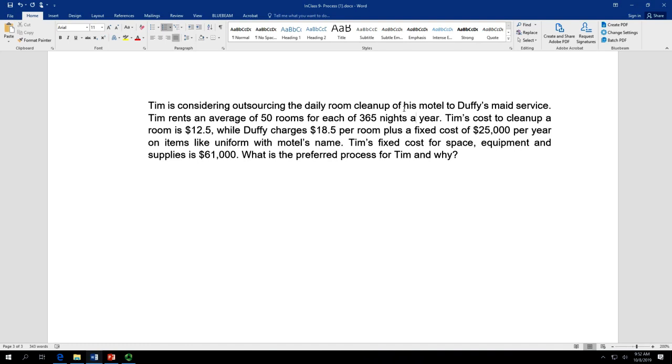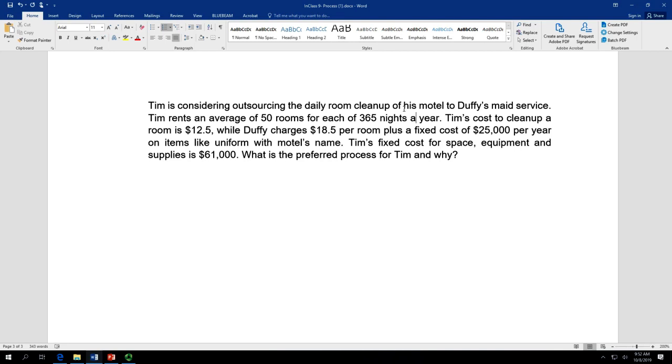So that's the fixed cost. The team's fixed cost for space, equipment and supplies is 61,000. What is the preferred process for the team and why?